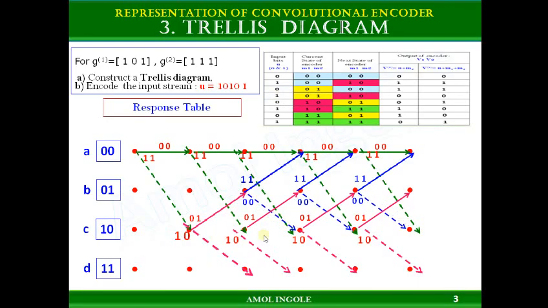So here is the 1 0 state. So you can show it with a dotted line, because one bit input is given, and these 0 0 represent the output for that. Okay, so we have completed this 0 1 state as well.